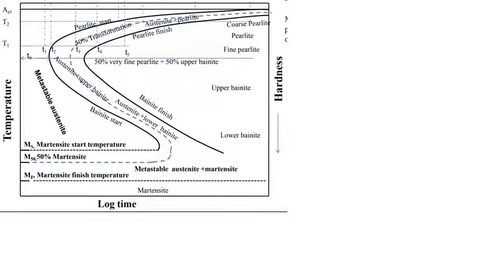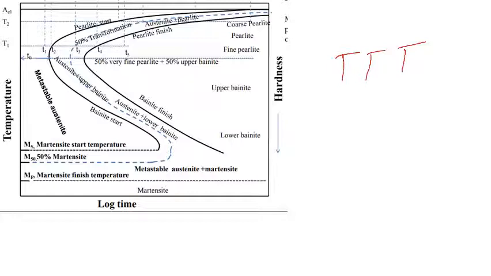Okay, so our next topic is about these TTT diagrams, right? So time dependent transformation, right? Okay, so in these diagrams, basically we look at the equations that govern the isothermal transformation, right?